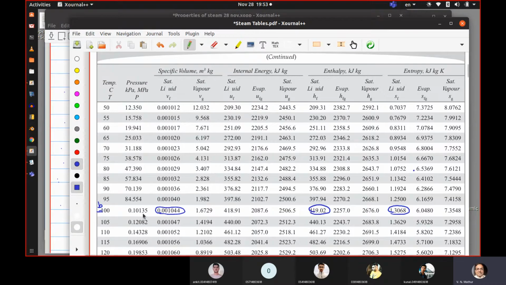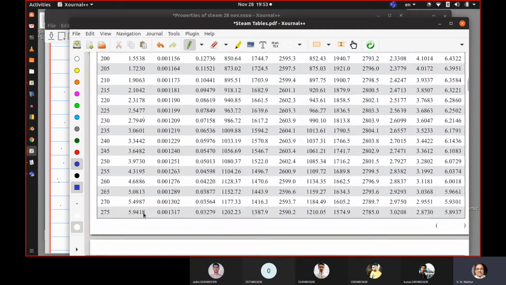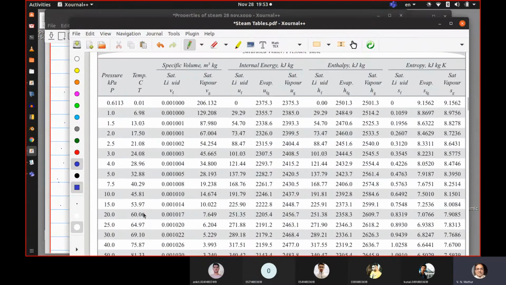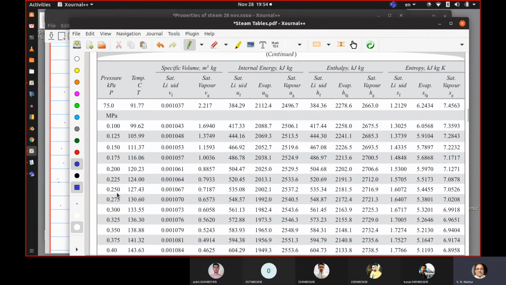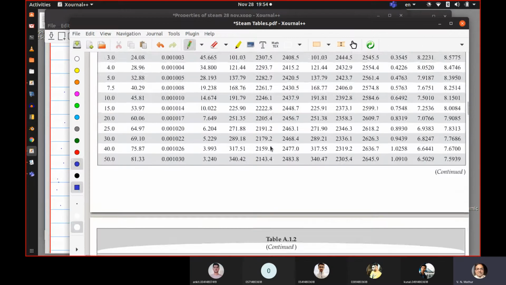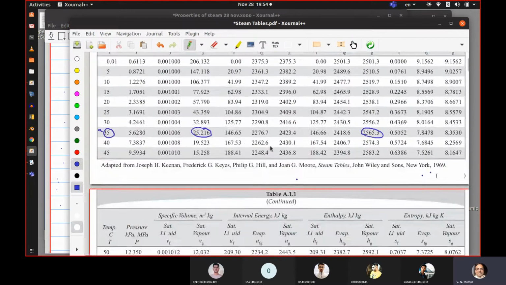Let us check 100 kilopascal, 0.1 megapascal. This is with enthalpy, this is 417.44. 419.04. So we can use this value.